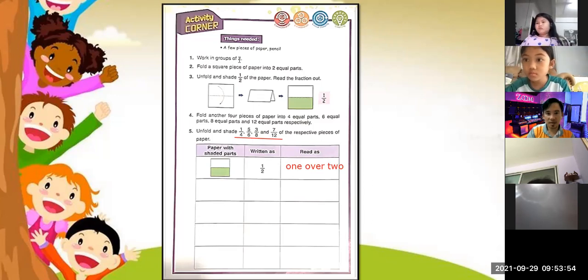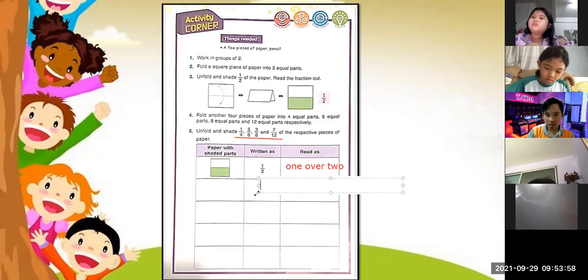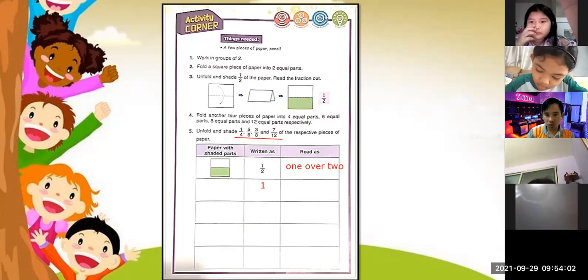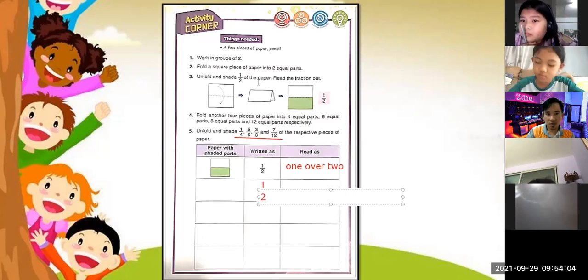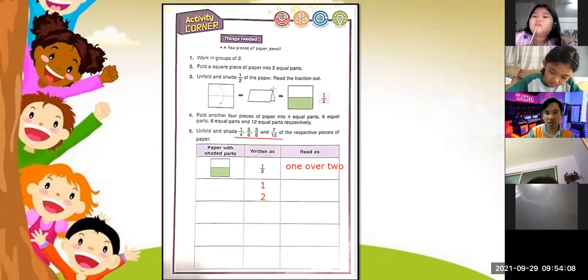So let me write first 1/2. It's not 1/2. 1/4, sorry. This should be 4. This is not number 2. This must be number 4.